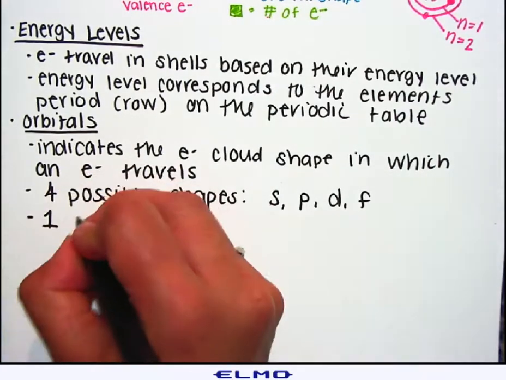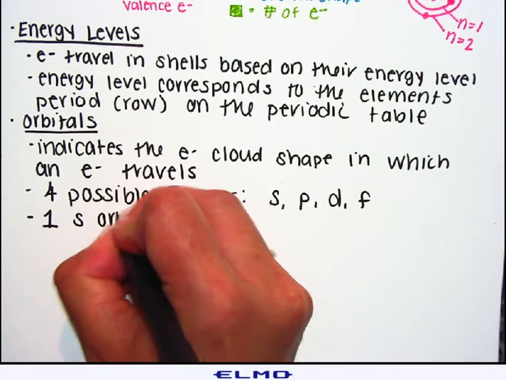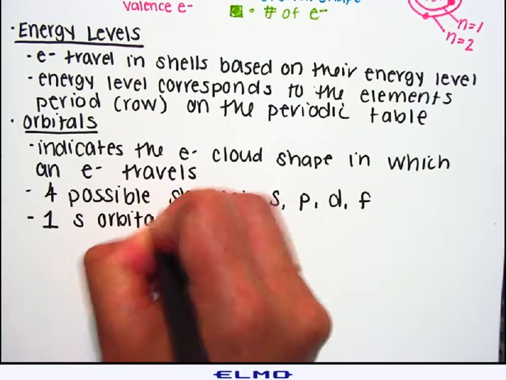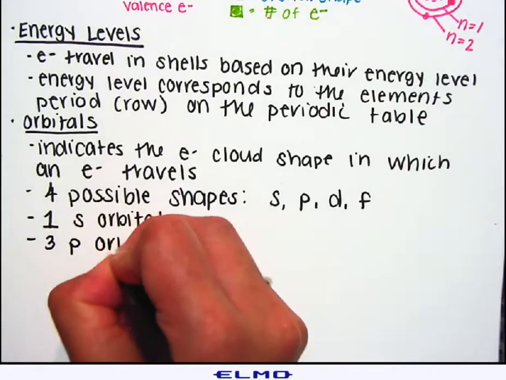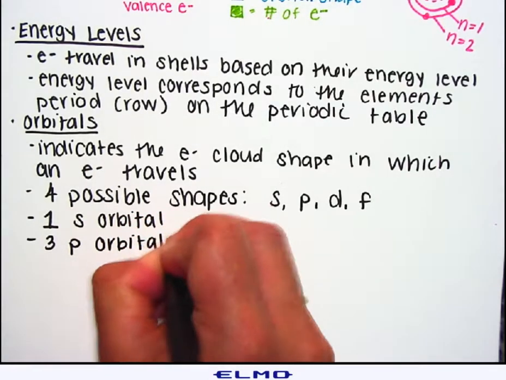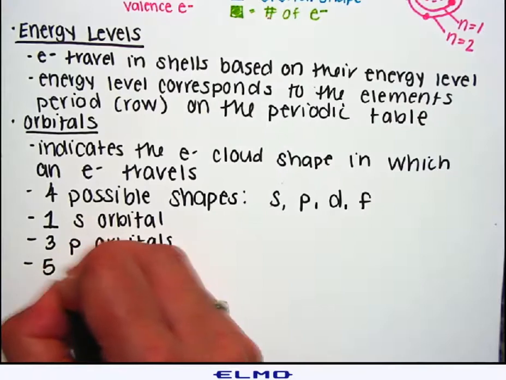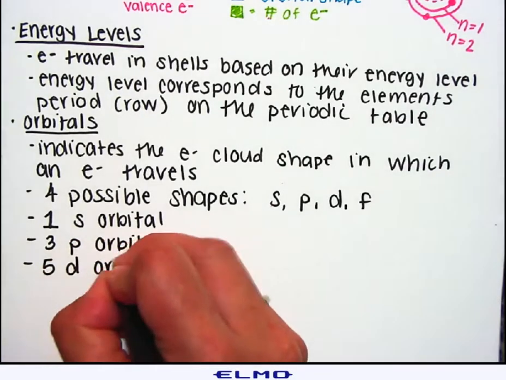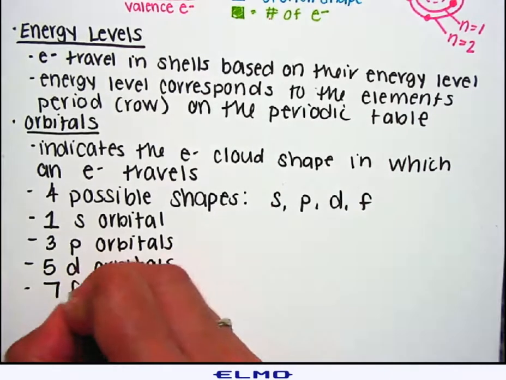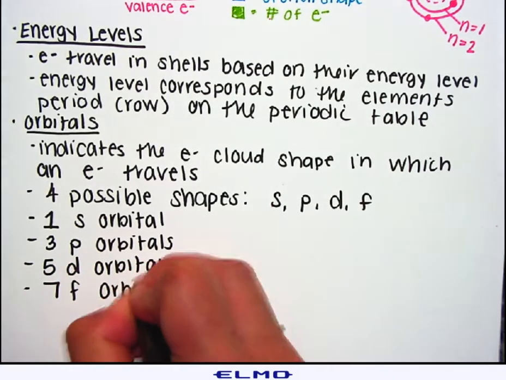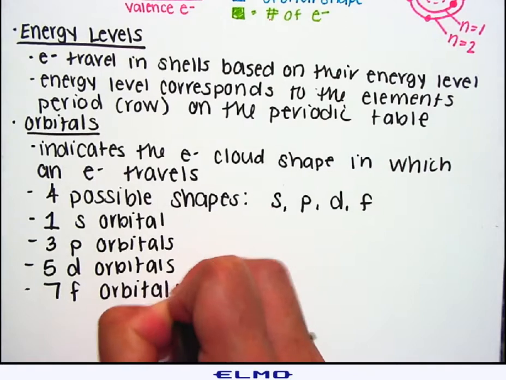There can only be one S orbital. There are 3 P orbitals. There are 5 D orbitals and 7 F orbitals.